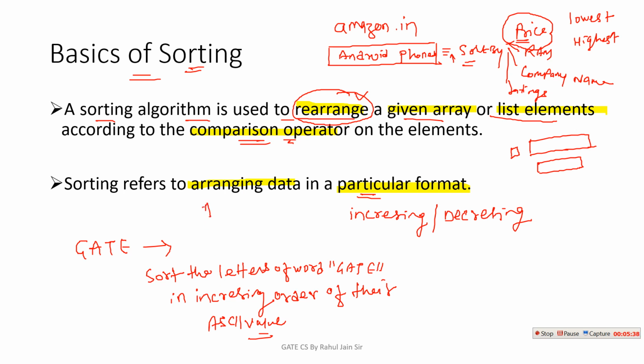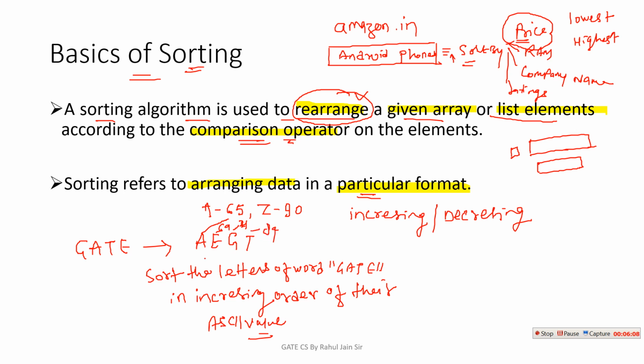So the ASCII value of capital A is 65, the ASCII value of capital Z is 90. The smallest ASCII value is of capital A, after that capital E, after that capital G, after that capital T. ASCII value of A is 65, ASCII value of E is 69, ASCII value of G is 71, ASCII value of T is 84.